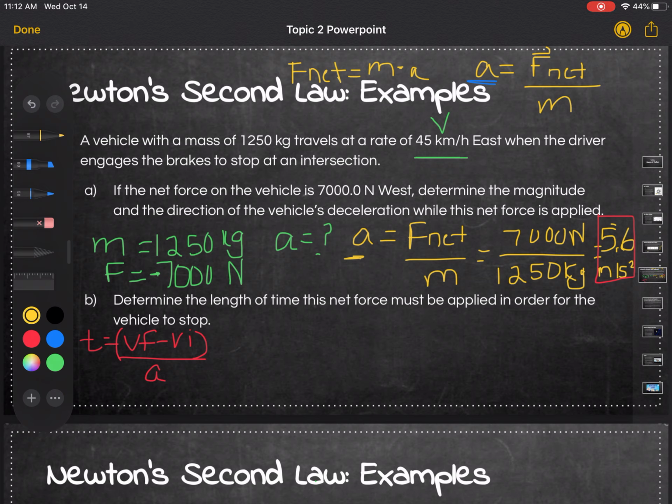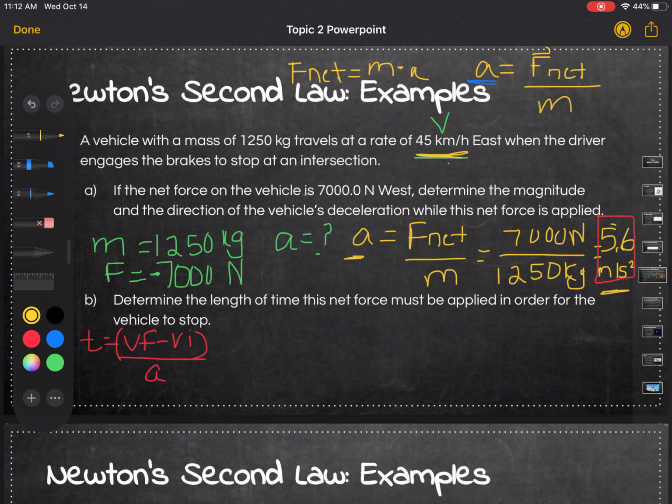And that's when this will come into play. So we didn't need it in part A, but we do need that velocity in part B. So it says that the vehicle's traveling at 45 kilometers an hour. Something that's major here is that our acceleration is in meters per second, and this is in kilometers per hour. So we're going to need to convert it.